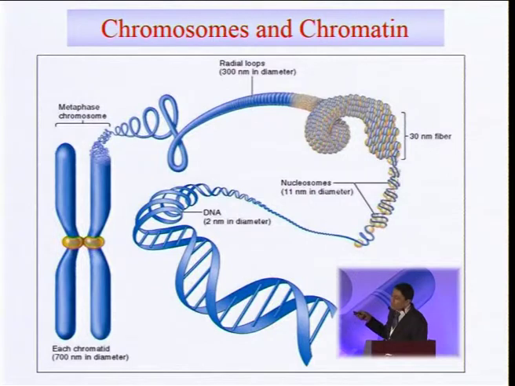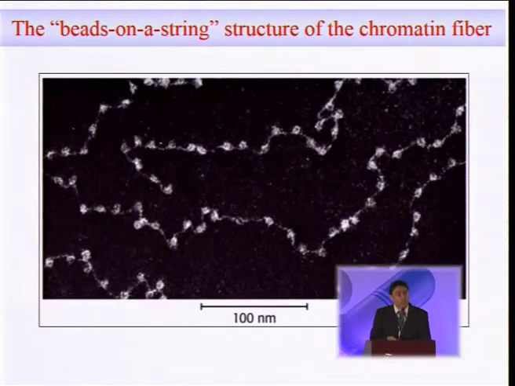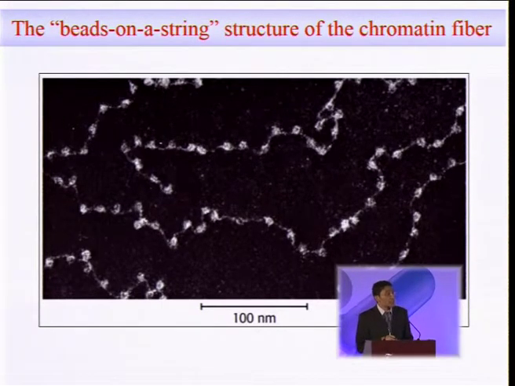This higher order structure of chromatin is a repressive structure to many biological processes such as replication, transcription, and recombination. If you look at the nucleosomes under an electron microscope, you see what look like beads on a string. So this structure is called the beads on a string structure.